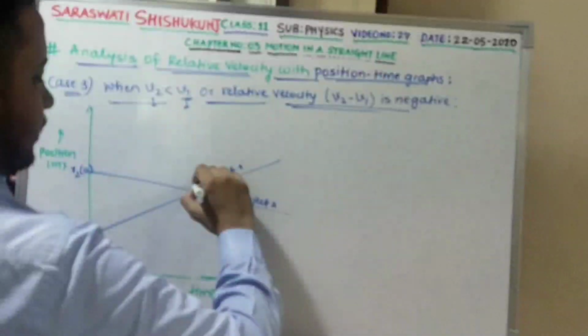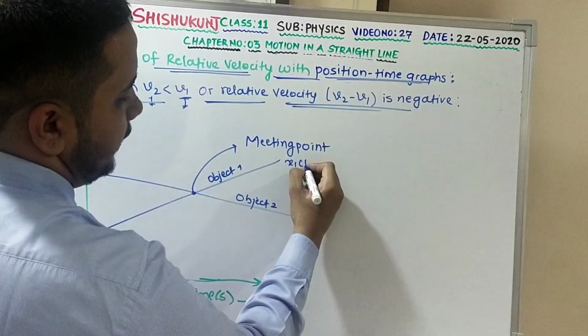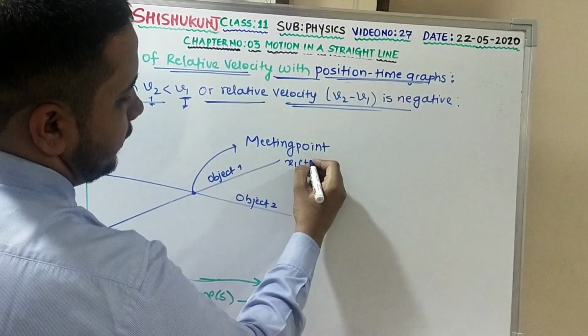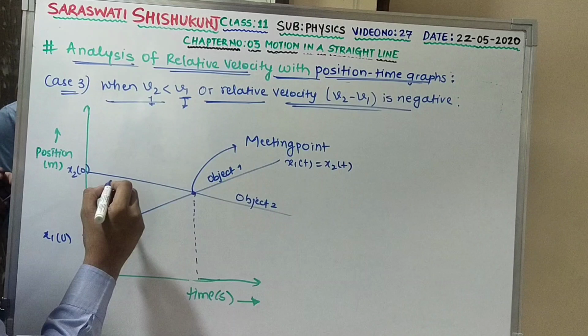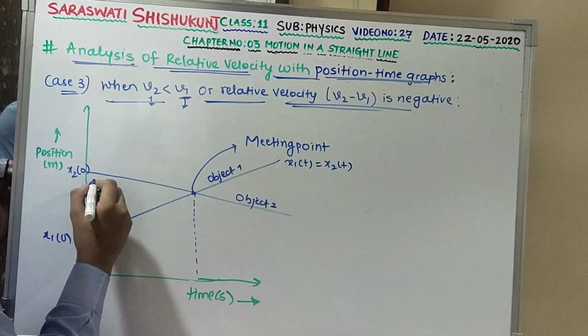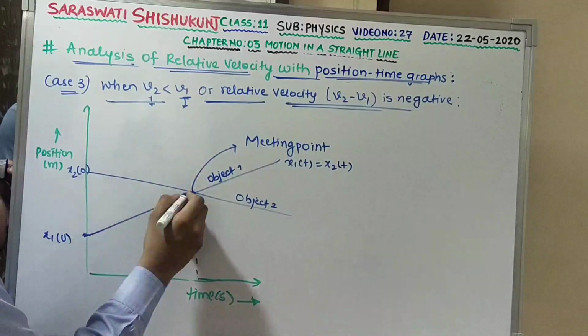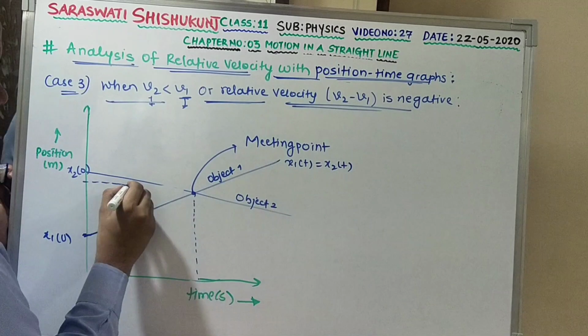Is this clear? This point is known as the meeting point. At this point x1t is equal to x2t, meaning at this instant both positions are the same. This is the position where they meet.